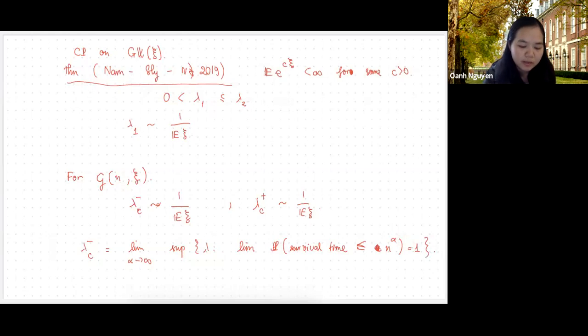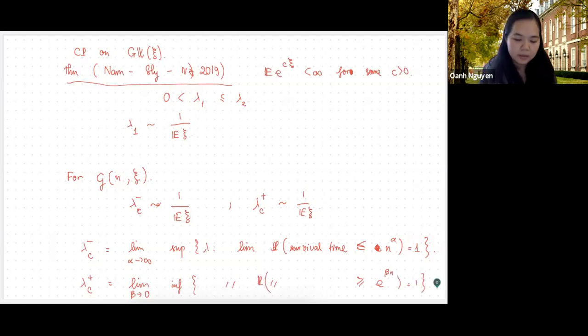Roughly speaking, this lambda xi minus is the threshold for the survival time to be polynomial, and lambda xi plus is the threshold for the survival time to be exponential, meaning the probability that the survival time is larger than e to the beta n equals 1.